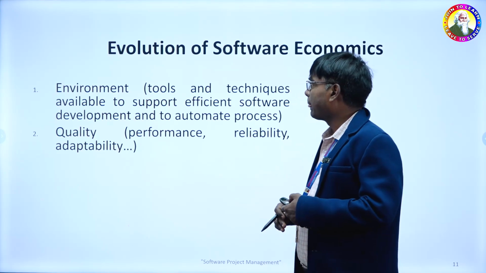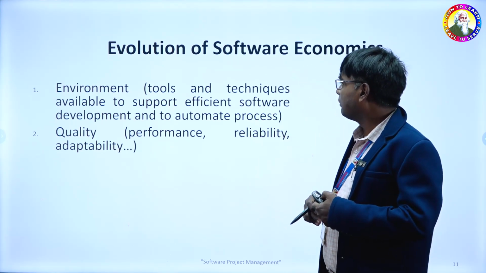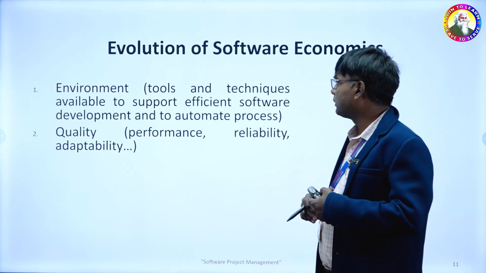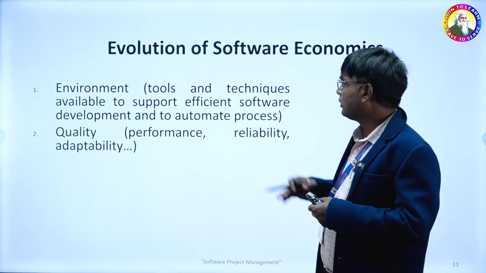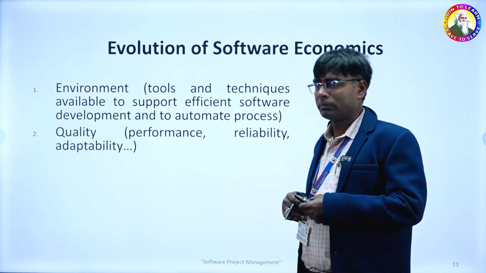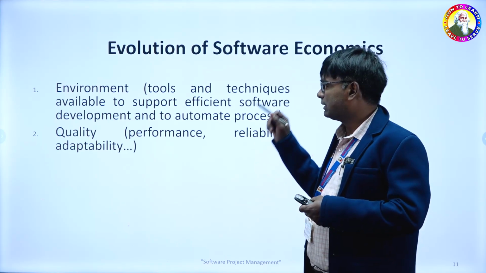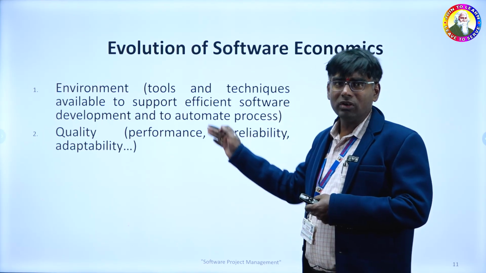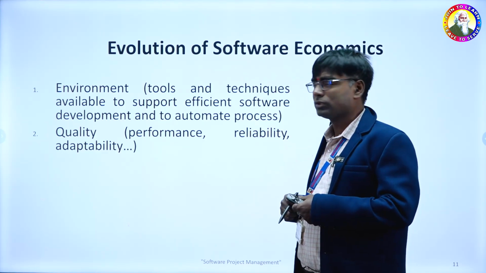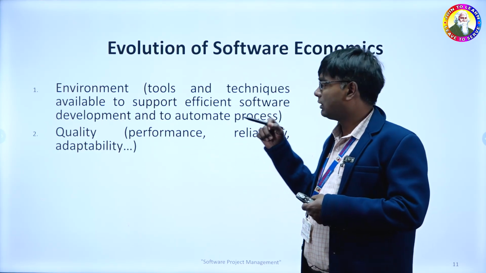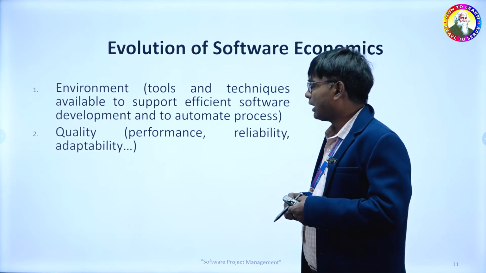Next one, environment. What kind of environment should be there, and the tools and techniques available to support efficient software development and to automate the process. Very important. Environment also plays an important key role. Quality: with respect to all the remaining aspects learned today, quality plays a very important role, because the ending outcome should have efficient performance, reliability, and adaptability.